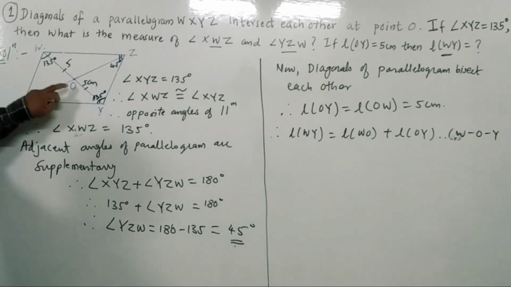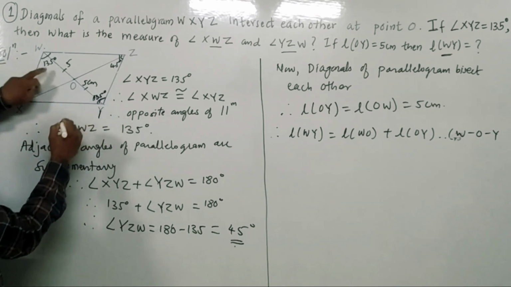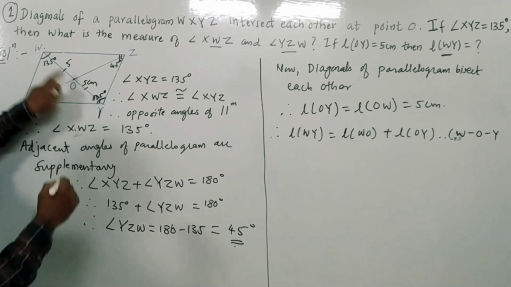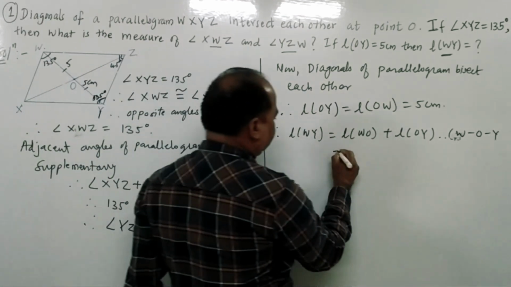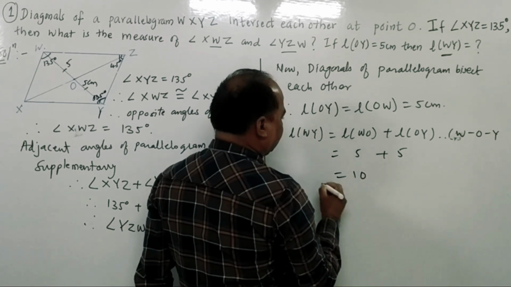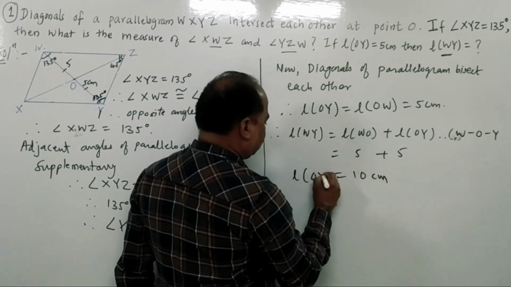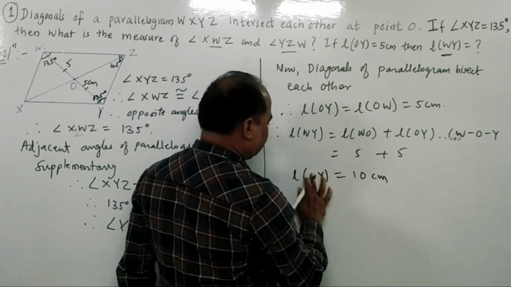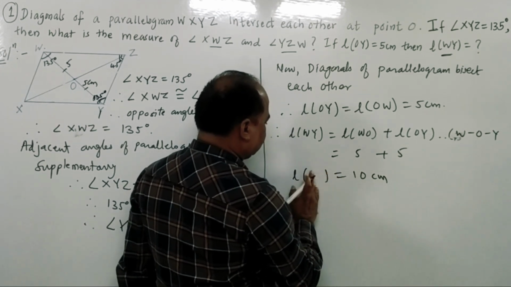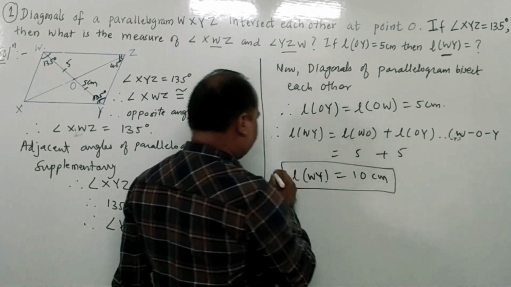Now WO is 5 and OY is also 5, so putting the values, 5 plus 5 is equal to 10 centimeters. So length WY is equal to 10 centimeters.